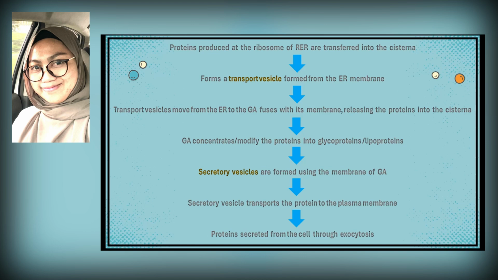Then the Golgi apparatus concentrates and modifies the protein into glycoprotein or lipoprotein. Then secretory vesicles are formed using the membrane of the Golgi apparatus. The secretory vesicles transport the protein to the plasma membrane, and then the protein is secreted out from the cell through a process called exocytosis.